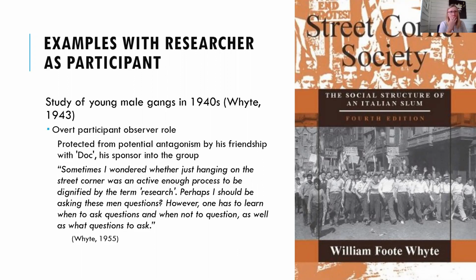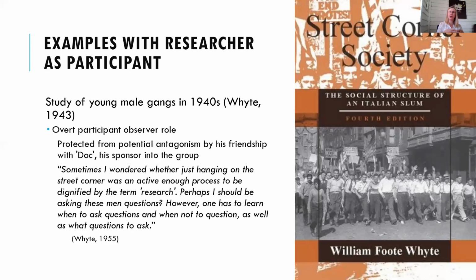So basically, he was a researcher and went out into New York City and found a group of boys who he called street corner boys, and they hung out in a particular neighborhood. They didn't particularly have jobs. Nobody had telephones or internet back in the day, so they would hang out in a real social setting.